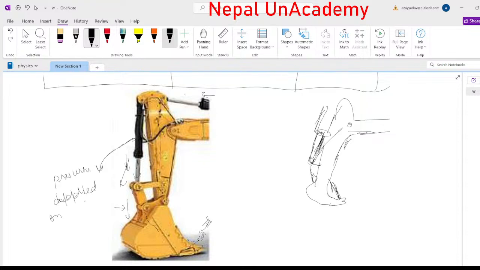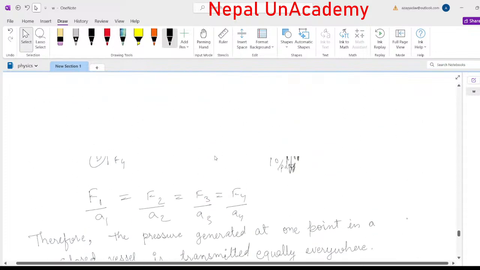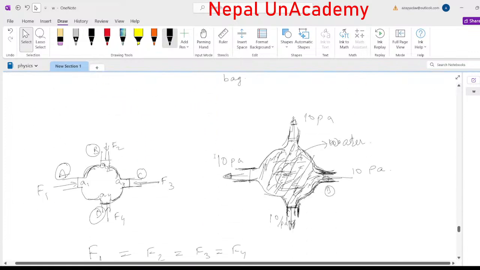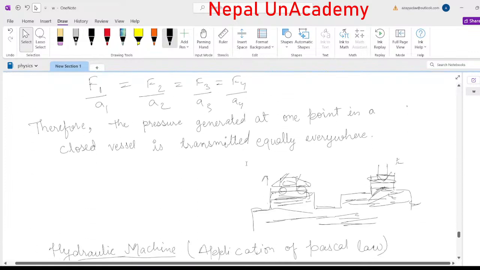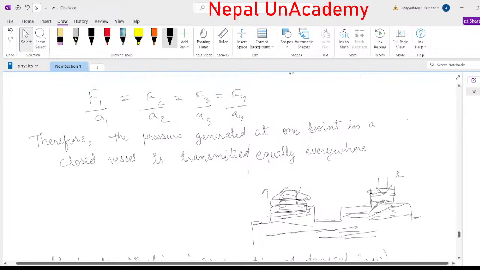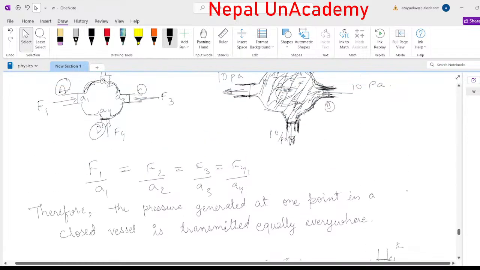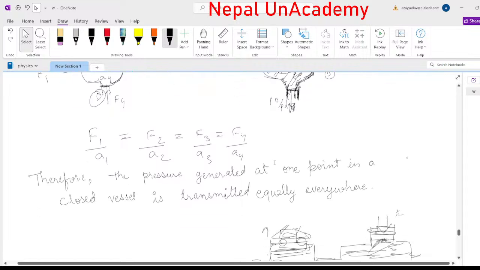Construction and working mechanism of the hydraulic machine. I think this is enough for today. We will move on to the topic construction and working mechanism of the hydraulic machine in the next class. So what we have studied in today's class: we have seen Pascal law, how Pascal defined that the pressure in the liquid is normal to the surface of the closed vessel.